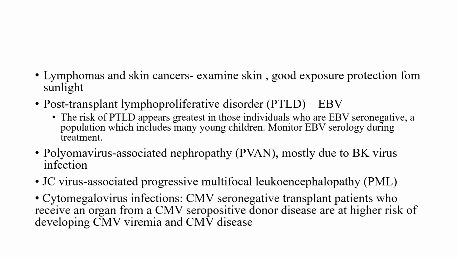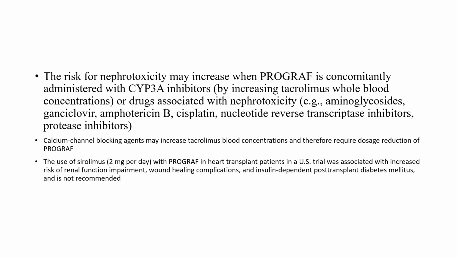Other complications include polyoma-associated nephropathy, mostly due to BK virus infection, then JC virus-associated progressive multifocal leukoencephalopathy, and cytomegalovirus infections. This is more in CMV seronegative patients who receive a transplant from a CMV seropositive donor, with CMV viremia disease.